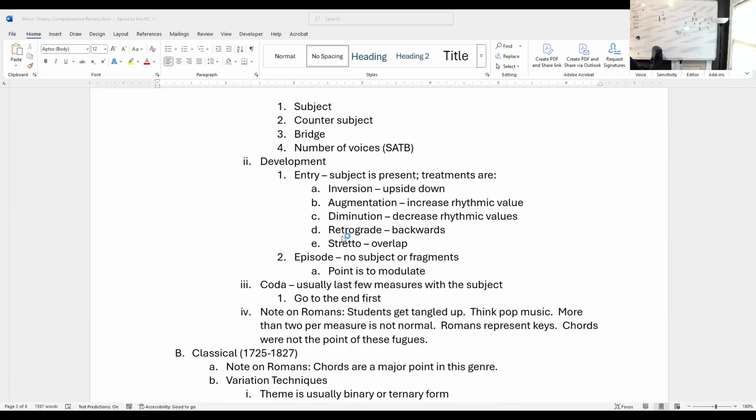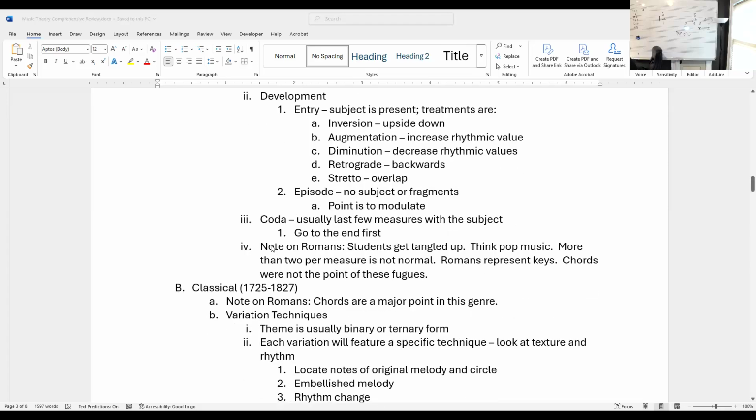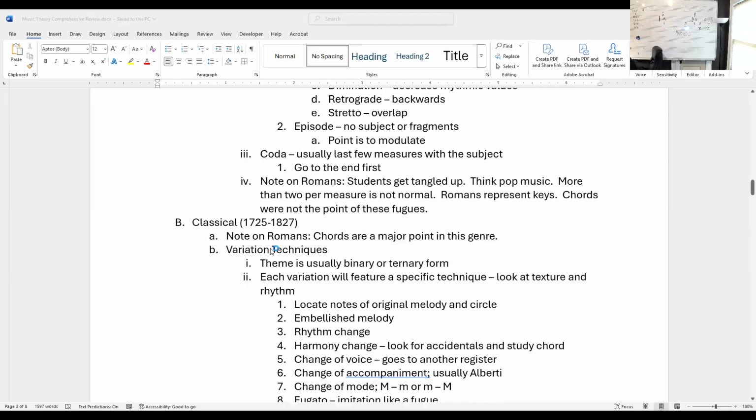This might be more useful if you do have to take form and analysis where you're going to study fugues again. This is why I include them in my course, to make sure that we're ready when we go on, that it's not unfamiliar. Plus, we study them in music history. Okay.